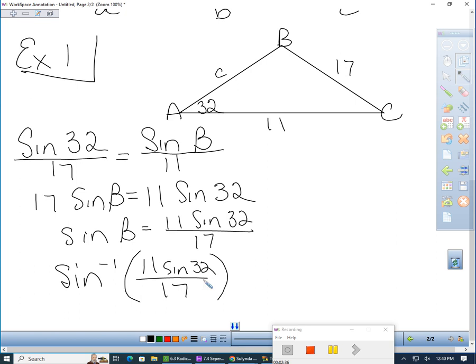Degrees. So this is going to tell us angle B. Yes. You got to do sine inverse. The sine with a little negative 1. You got it to be 20, Colin, is that correct? Okay.